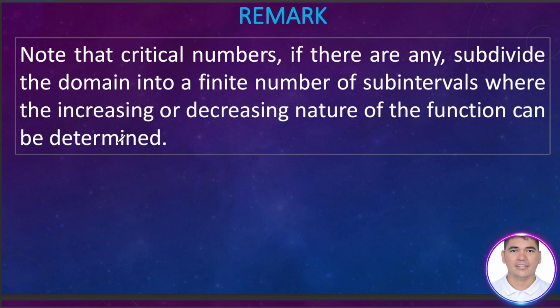As you observed sa previous lesson for pre-calculus, in the graph for sine and cosine na nag-wave sila, and we can determine kailan sila nag-i-increase, kailan sila nag-i-decrease. Now, the same as we can subdivide this one into the domain to get the finite number of subintervals where we can get the increasing or decreasing nature of the function.